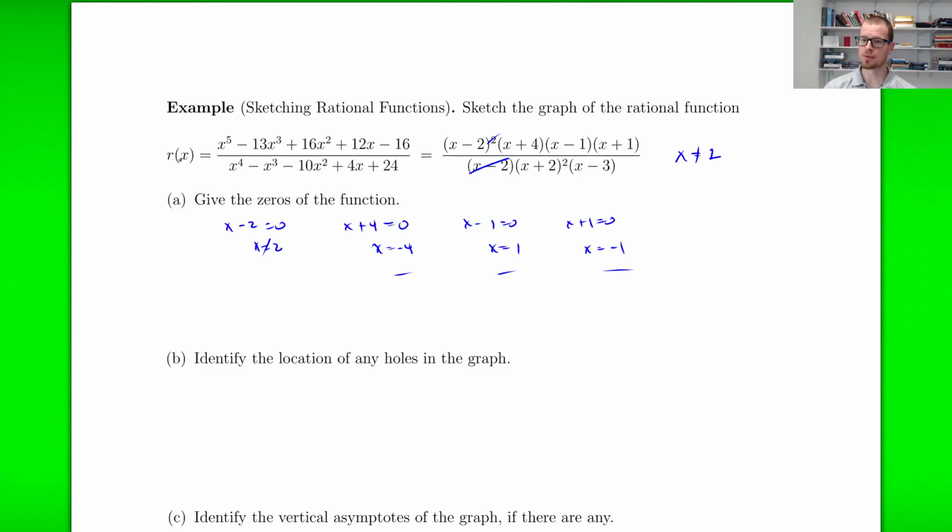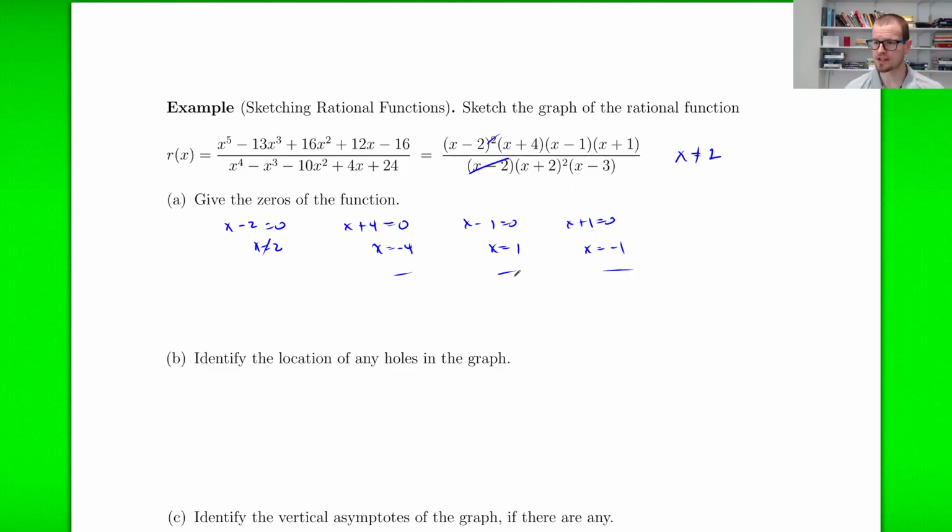Again, when we have a rational function, it will be equal to 0 precisely when the numerator is equal to 0. We use the zero product property to set each of the 4 factors equal to 0. X cannot be 2 because we have division by that. We would have division by 0 in the original expression. And then the remaining 3 factors do give us zeros.